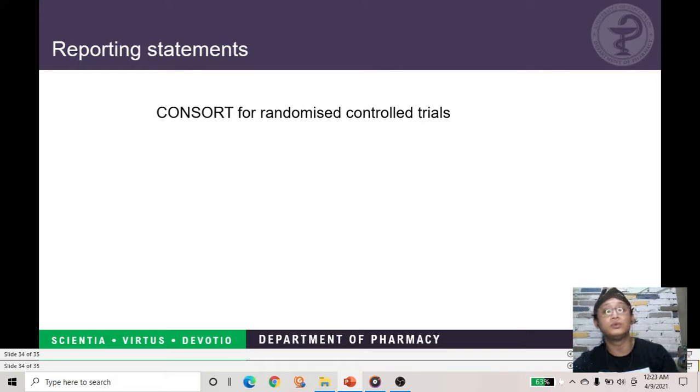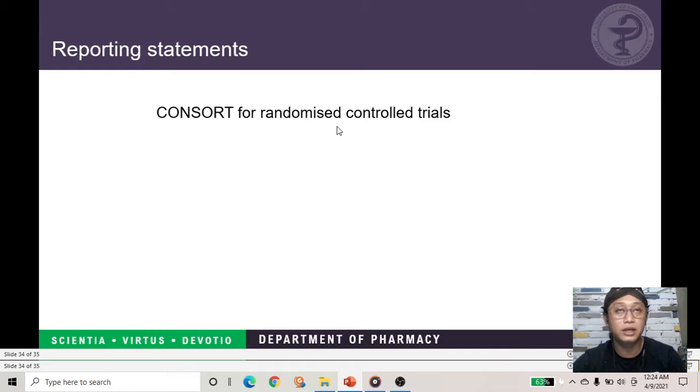If you want to read reports in pharmacoepidemiology, and not only read them but also evaluate the contents of the studies, you can use some of these guidelines. There are the CONSORT guidelines for randomized control trials. Every report of a randomized control trial must now conform to the CONSORT statement.